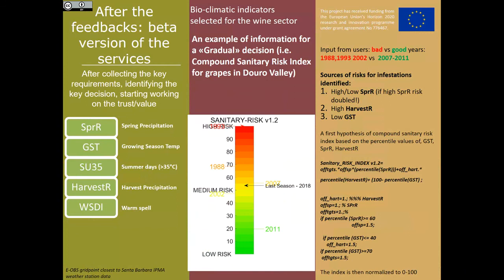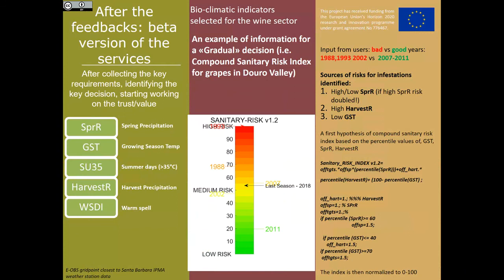Specifically, in this slide we present a compound risk index for the sanitary risk over the Douro Valley. So a sort of index that can measure the possibility of high pest infestation, and so that a high number of sanitary treatments could be required for that season.